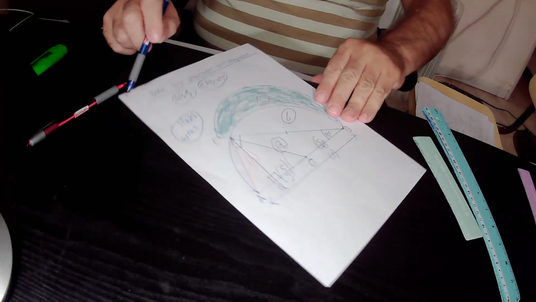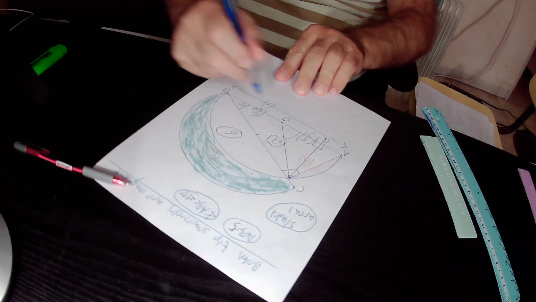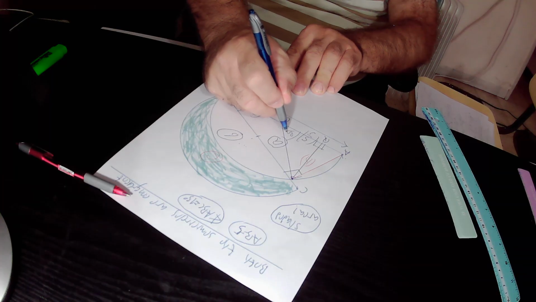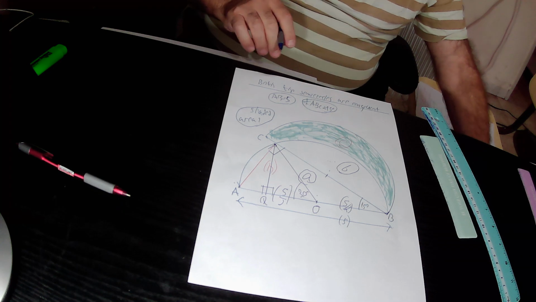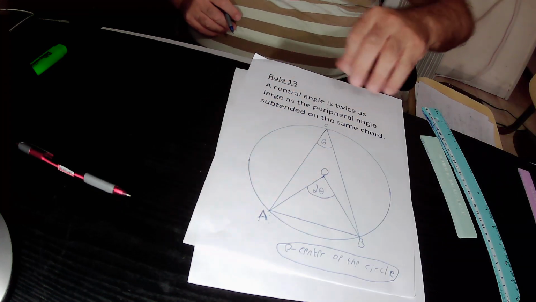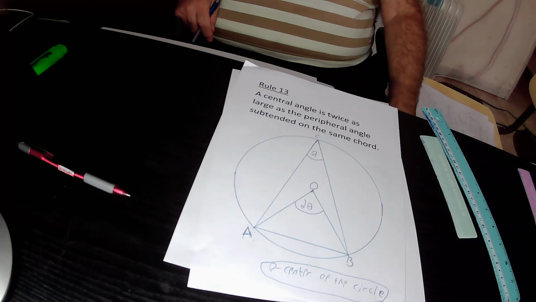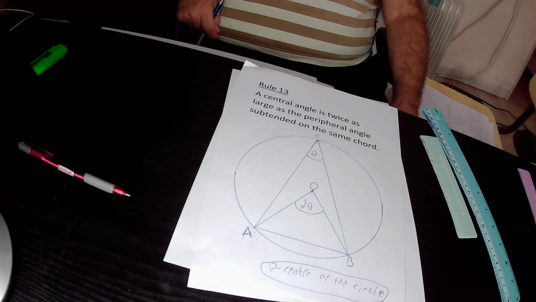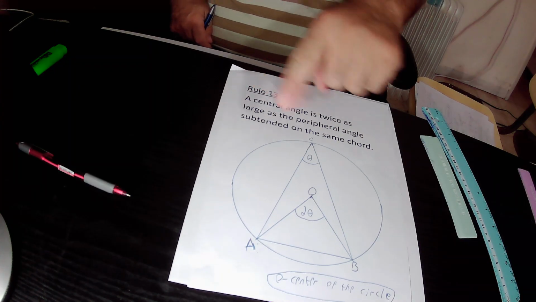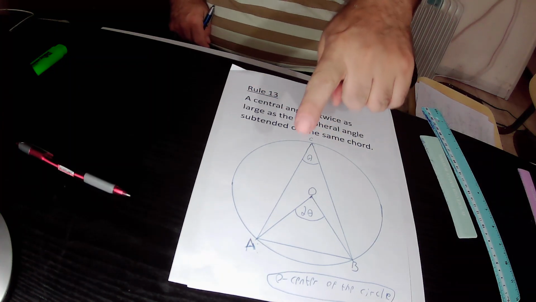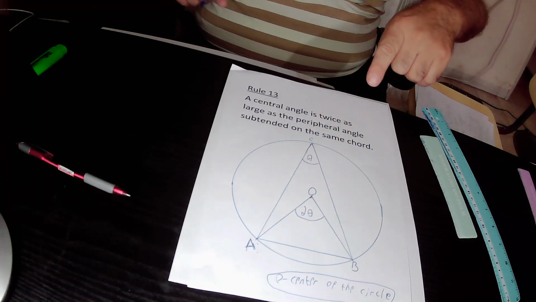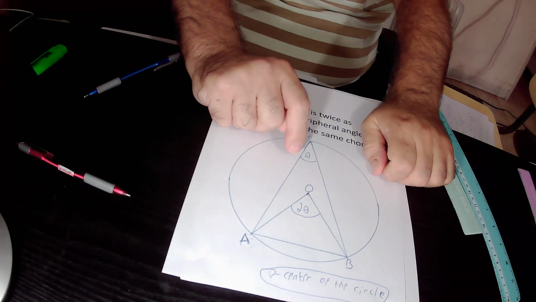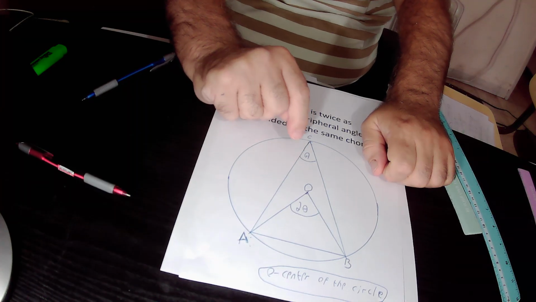So repeat quickly on rule 13. According to rule 13, a central angle is twice as large as the peripheral angle subtended on the same chord. In the drawing, we have a circle. This is the central angle, and this is peripheral angle ACB that subtends on chord AB, and it is equal to 30 degrees in its size.